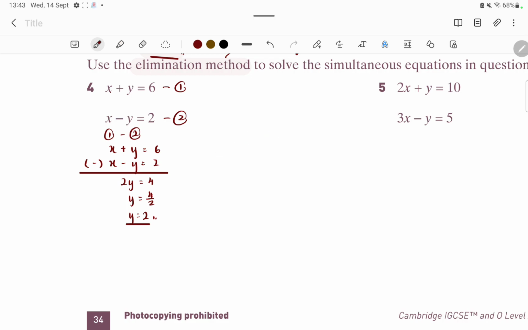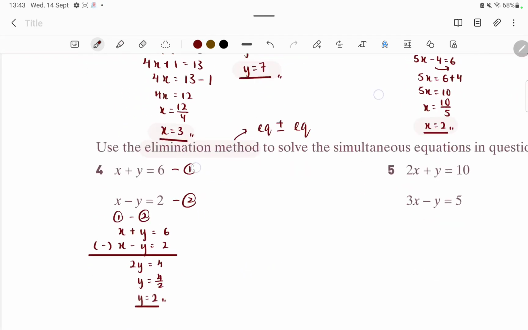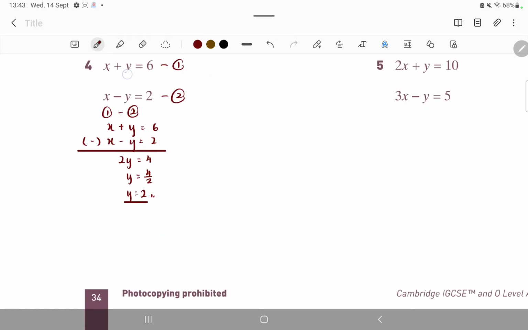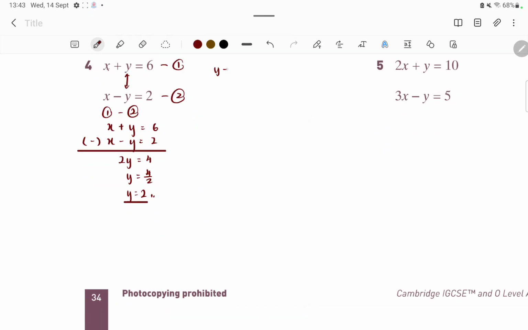When you minus, you can find y, but when you plus them together, you can actually find x, because here y plus with negative y, you should get 0, because y minus y. So this one you can use 1 plus 2, x plus y equals 6, plus with x minus y equals 2.